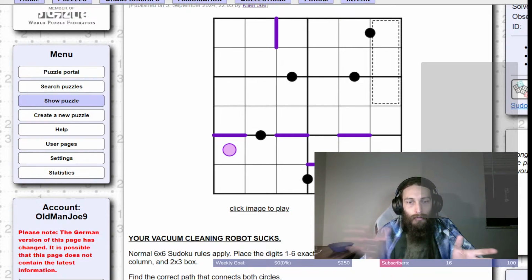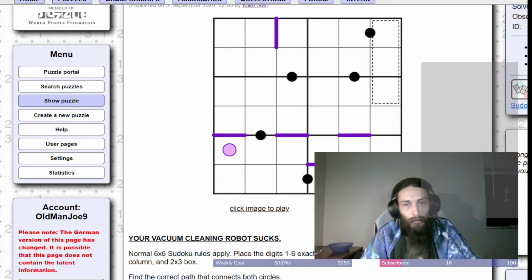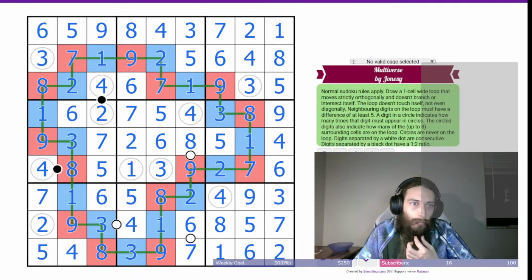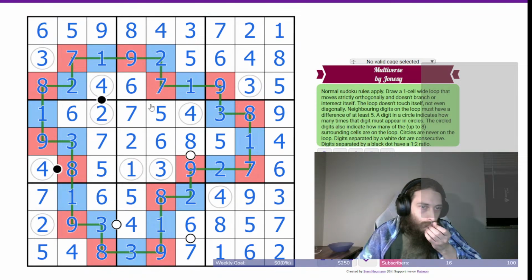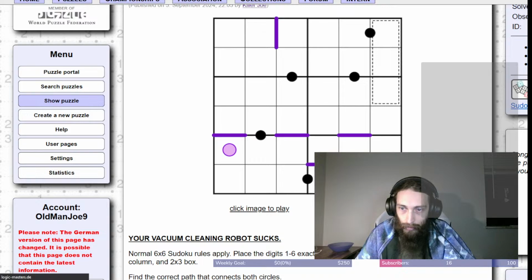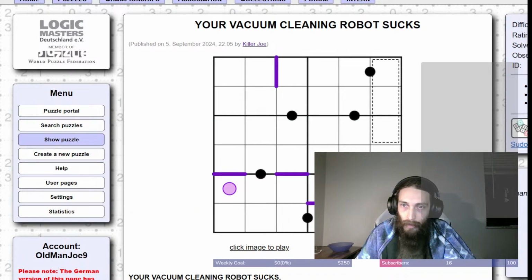There wasn't that many places, maybe not even any places where you had to really consider the path that much. Because it wasn't like with Multiverse where you had to really consider how the path would affect things. And then, I think I'm going to go with very easy on that one. Yeah, it seems what most people are rating that.